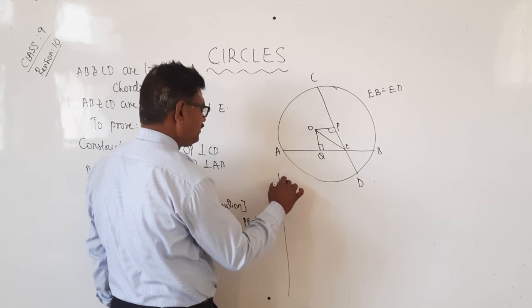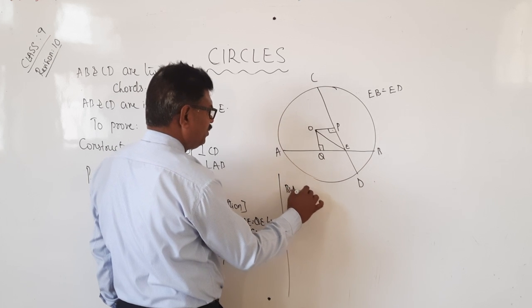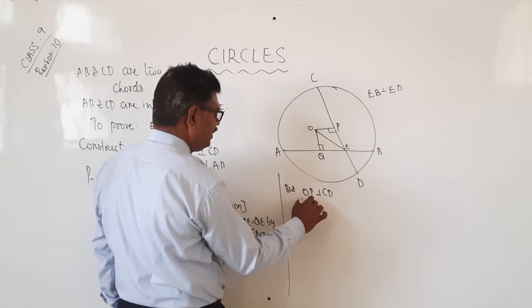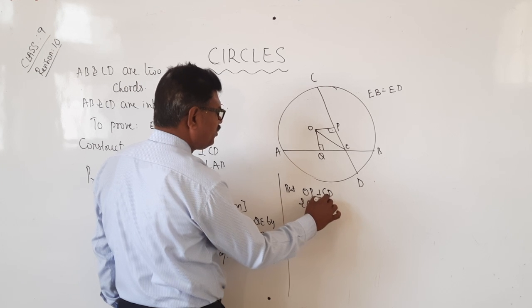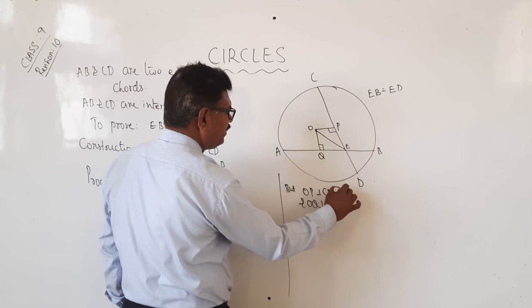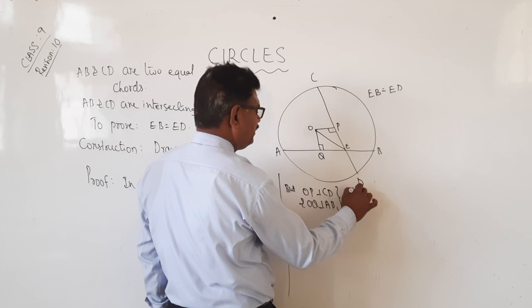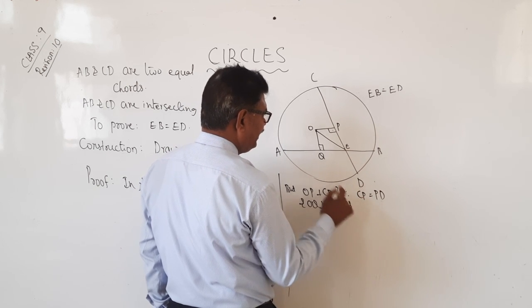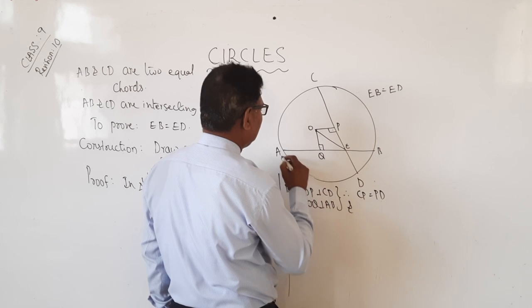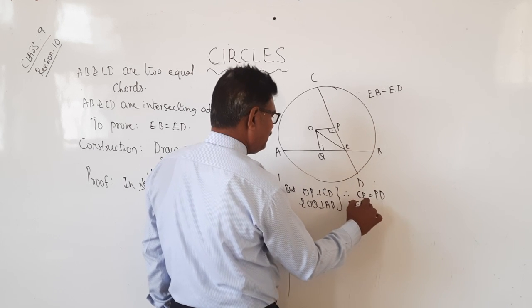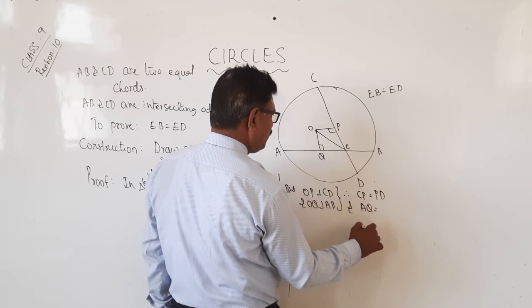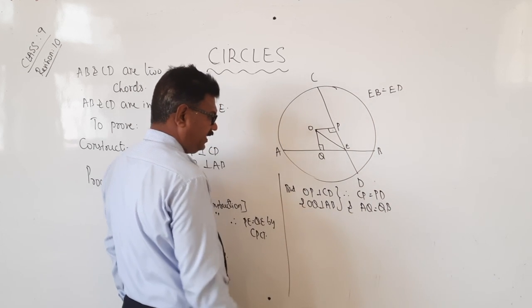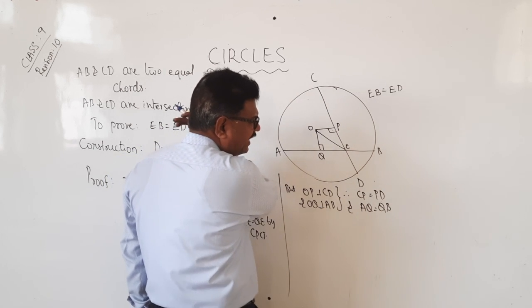But what is but? OP is perpendicular to CD and OQ is perpendicular to AB. Therefore, CP will be equal to PD and AQ will be equal to QB, right?